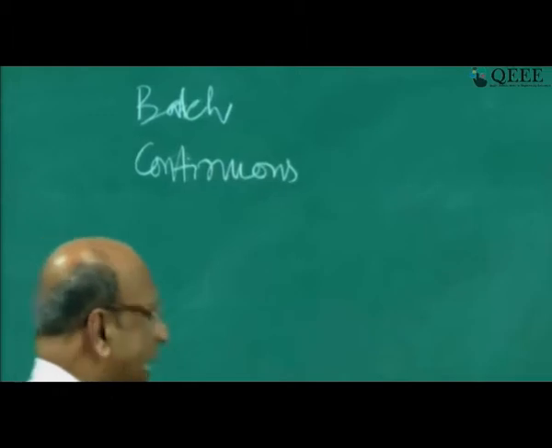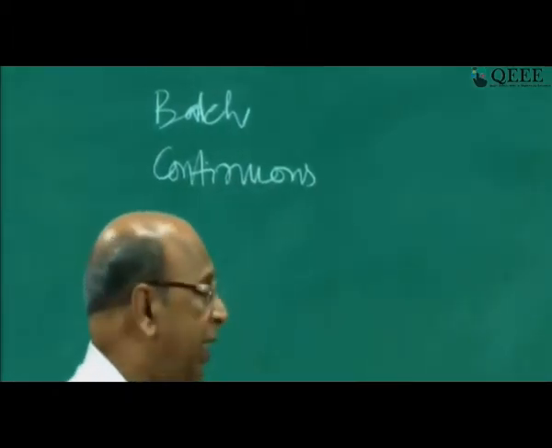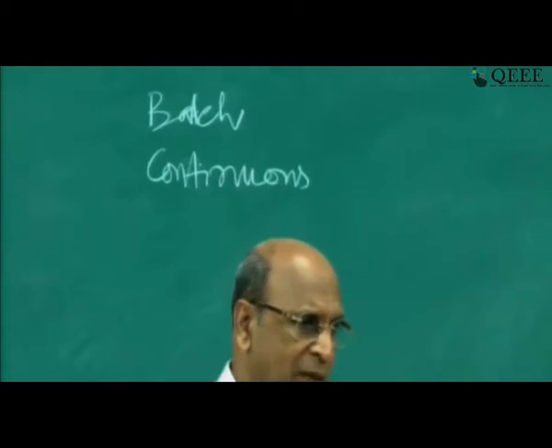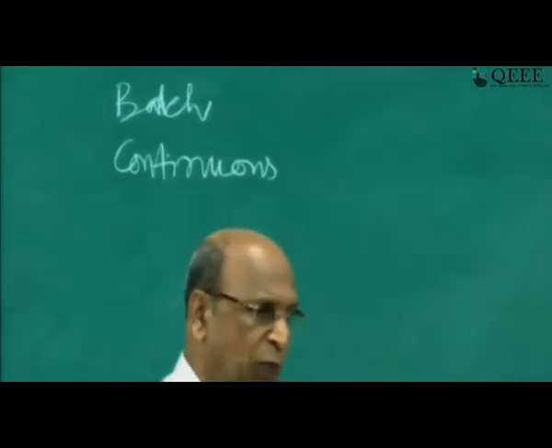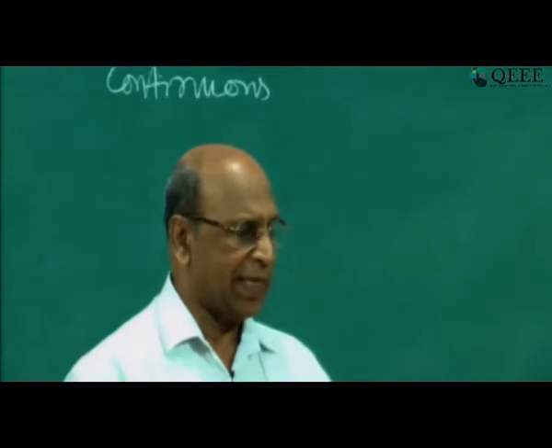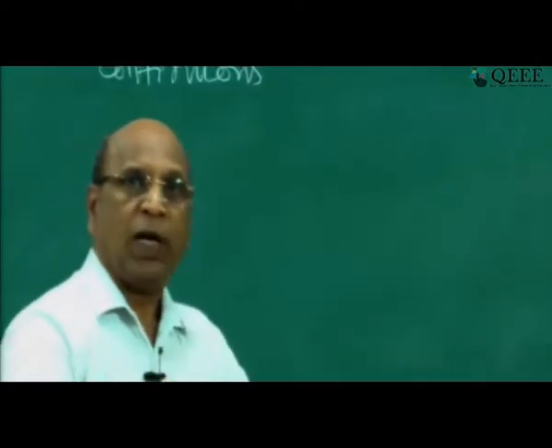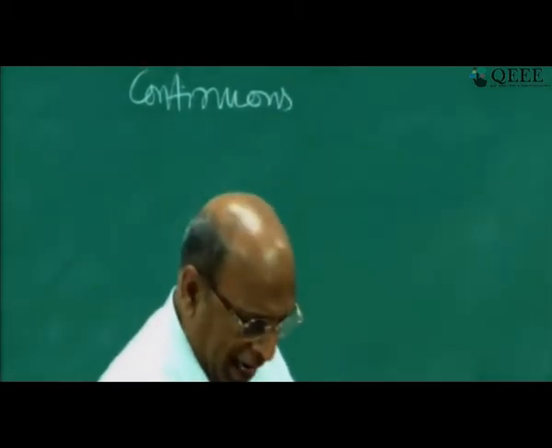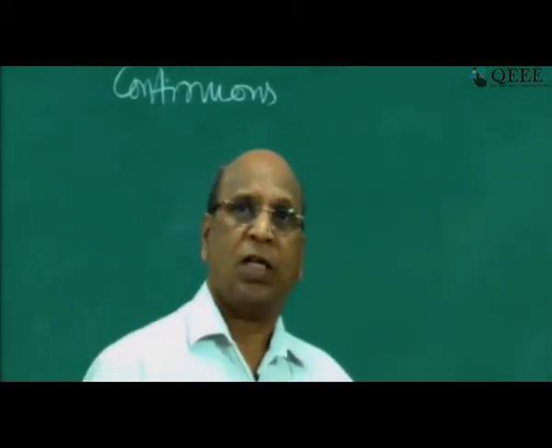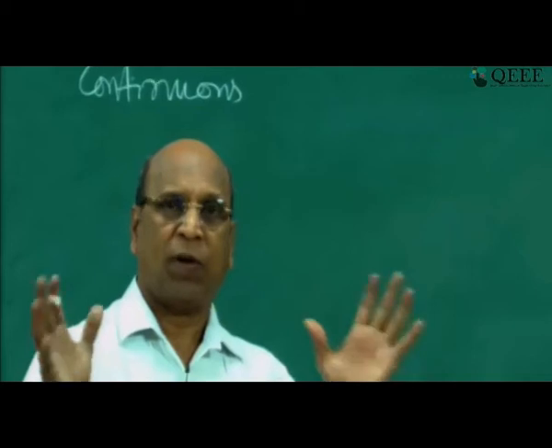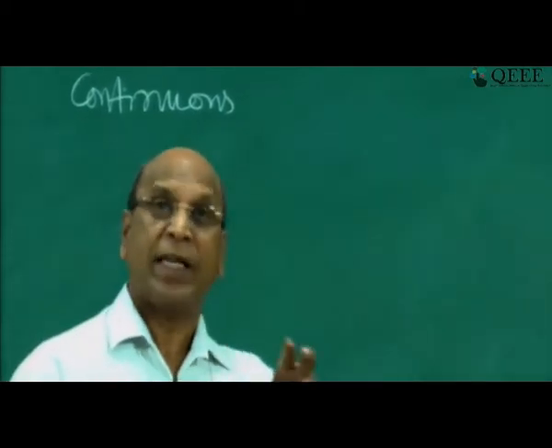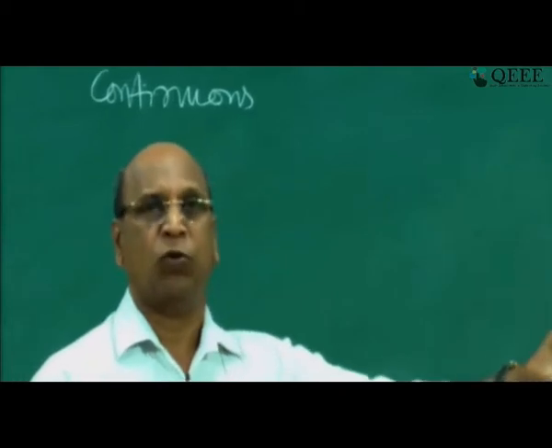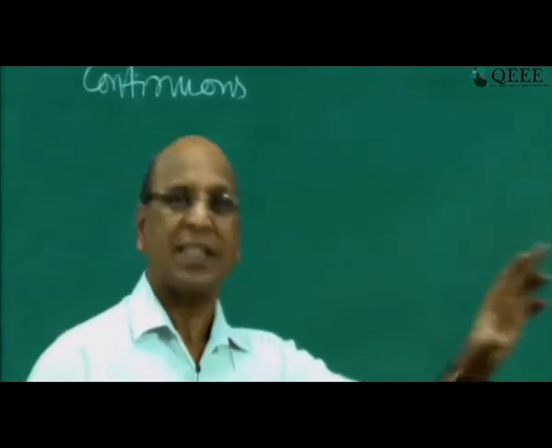Now a batch system means that we take the reactants at one time, fill up the reactor with these reactants, and then wait for a certain time for the conversion to be achieved. In the design, you assume, okay, I want 90% conversion, then what will be the corresponding volume I have to use. That is the design.